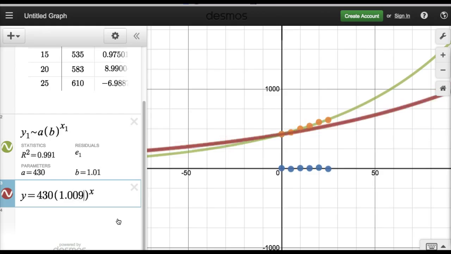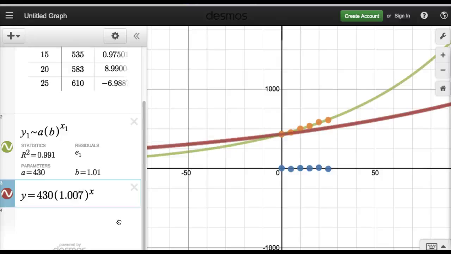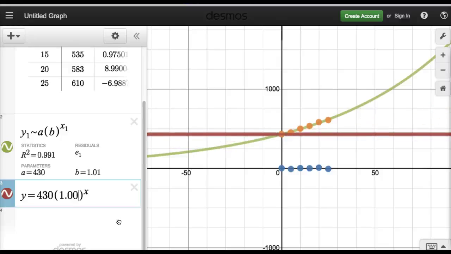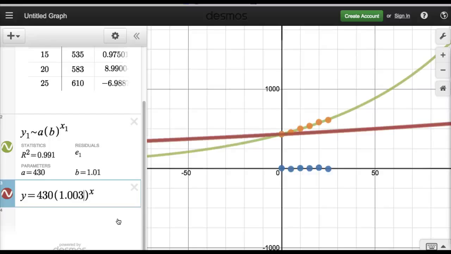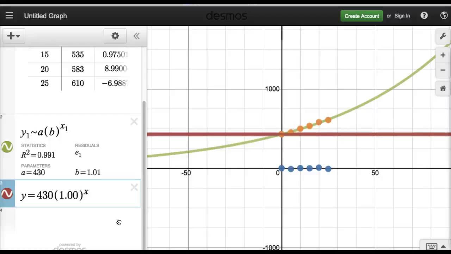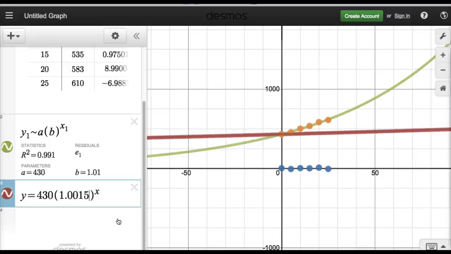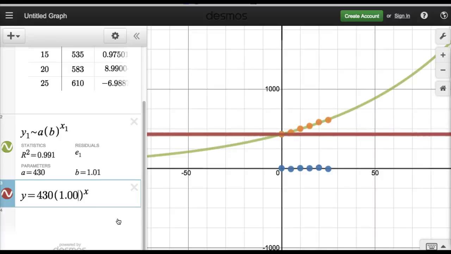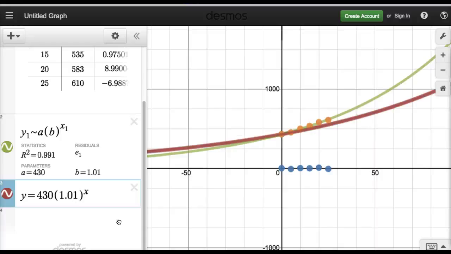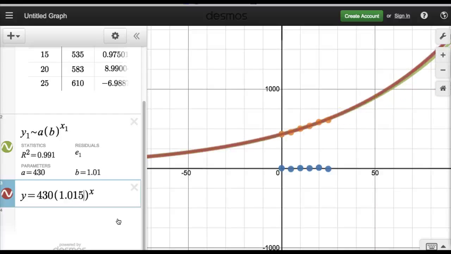Maybe it was like 1.09, 1.08, 1.07, 1.06. Oh, maybe it has to be bigger, like 1.5. 1.4. Ooh, 1.45. 1.4, 1.45.